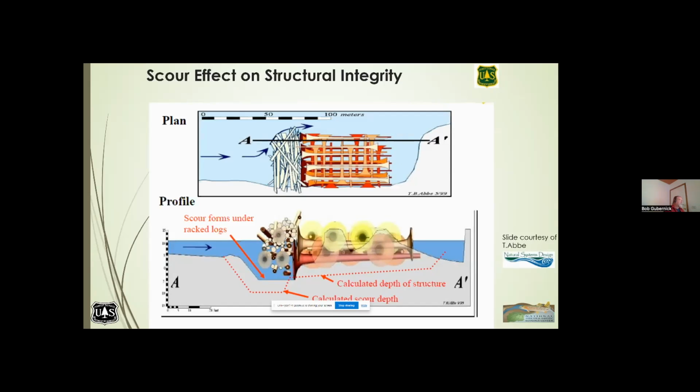We will check it with an empirical equation, but we will also let the stream tell us how much scour it is by the residual pool depth plus a factor that we apply based upon how difficult it is to scour the material. So in a fine grain system, scour can go deep. In a coarse grain system, it's not as deep. Understanding that and designing for it is important.